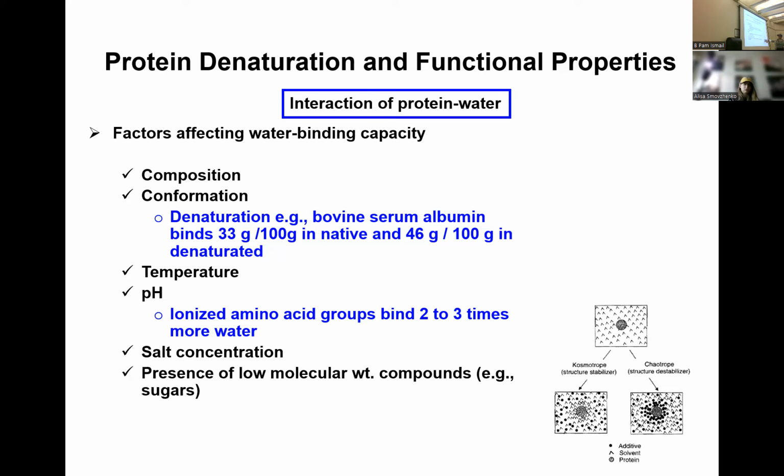The cosmotrope, so small sugars like sucrose or glucose, can act as cosmotropes. So they will cause the protein to interact more with water. Whereas chaotropes will bind strongly with the protein and prevent them from interacting with water. So different salts can either be here or here, and thus they might have different impacts on water.